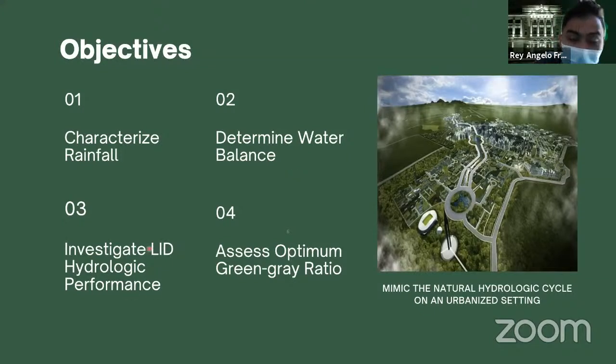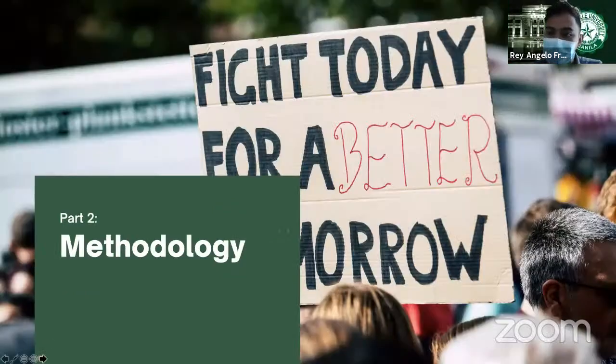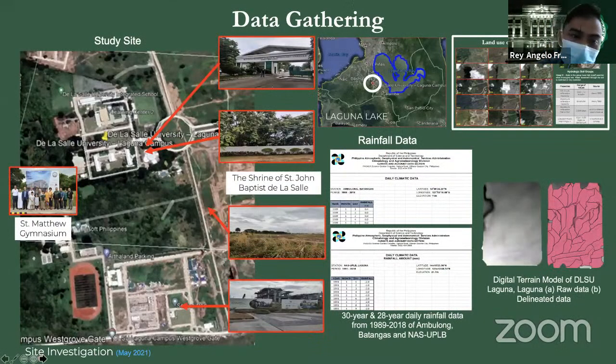The third one is to investigate the hydrologic performance of the LID with varying percent imperviousness, varying subcatchments, and varying rainfall percentile. The last one, which is the main highlight of our study, is to assess the optimum green-gray ratio.